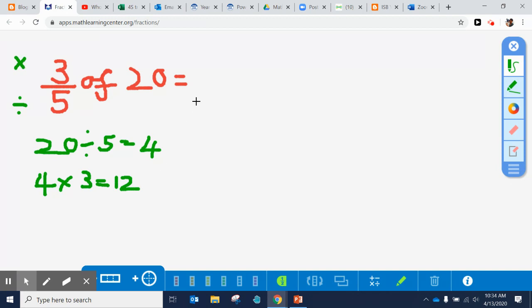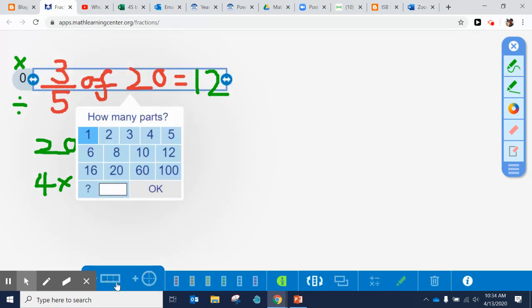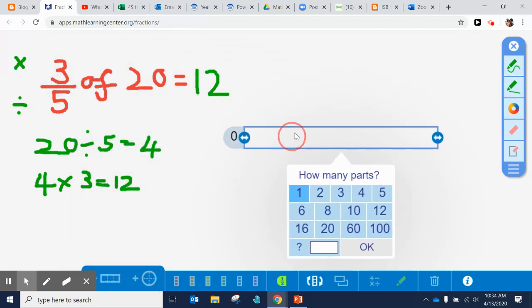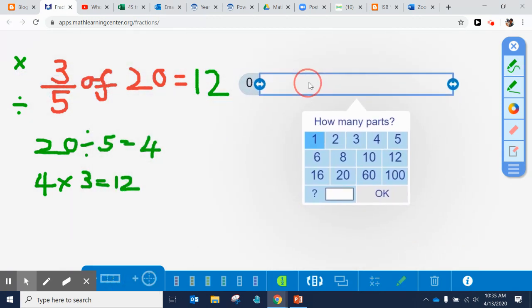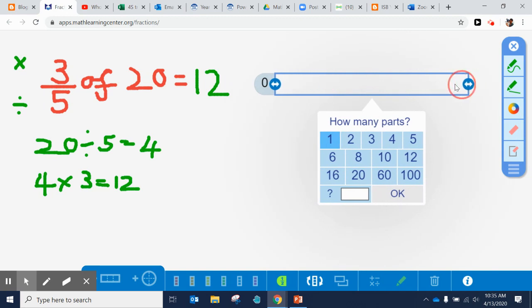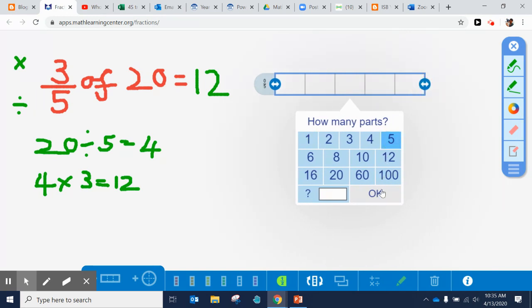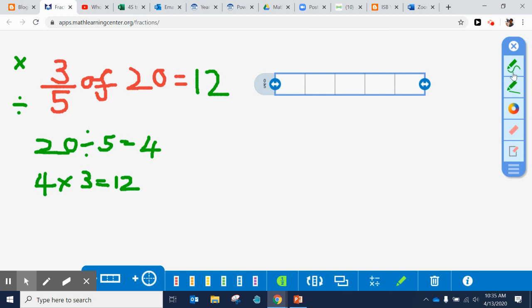So let's just see if 12 is correct by drawing it. So 3/5 of 20 we needed to find out. So split it into 5 parts. My whole is 20. And it's been split into 5 equal parts.